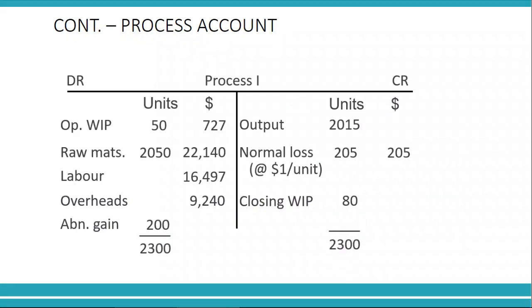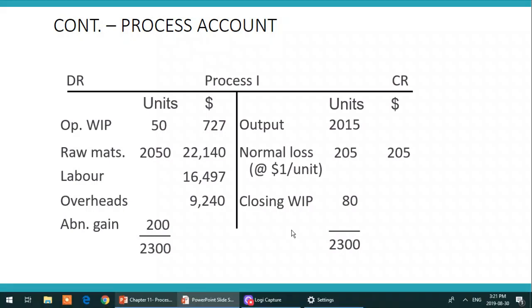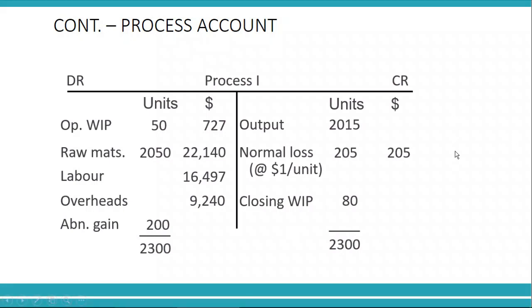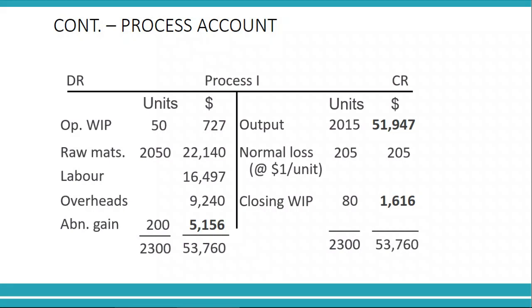You remember that we had left these: abnormal gain, good output, and normal loss, work in process closing. We add them here. 51947 is my good output, and then your closing work in process is 1616, and your abnormal gain, which again you are valuing with the good output value, was 5156. You complete your ledger account and both sides will be equal.